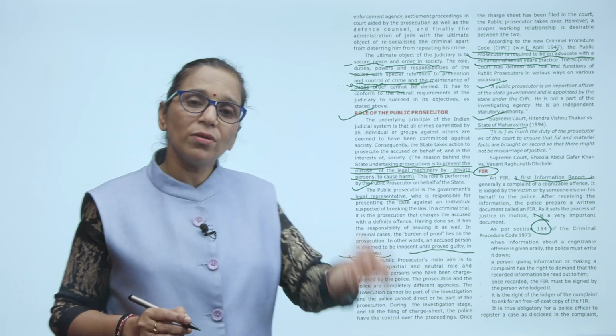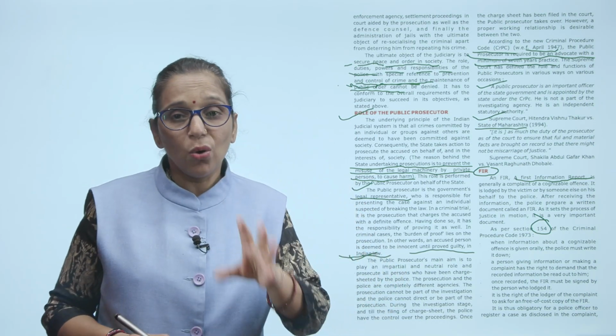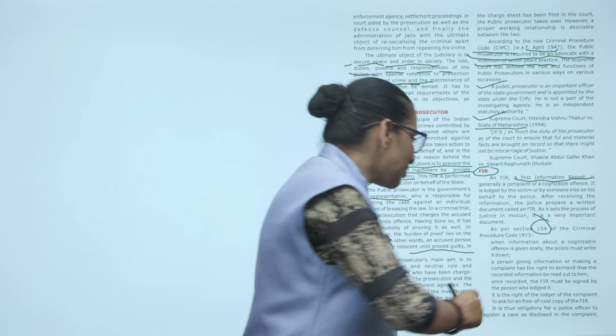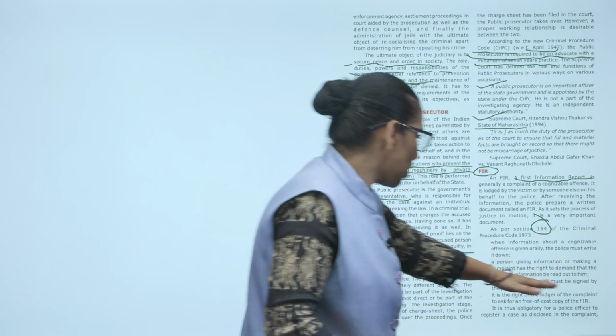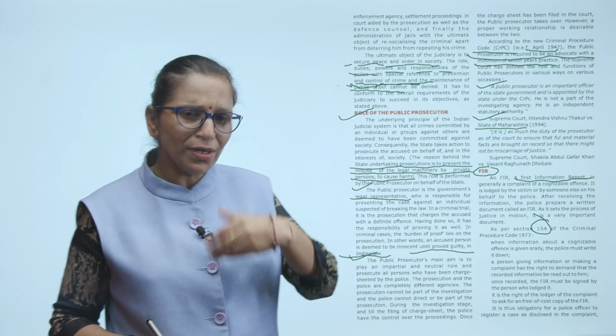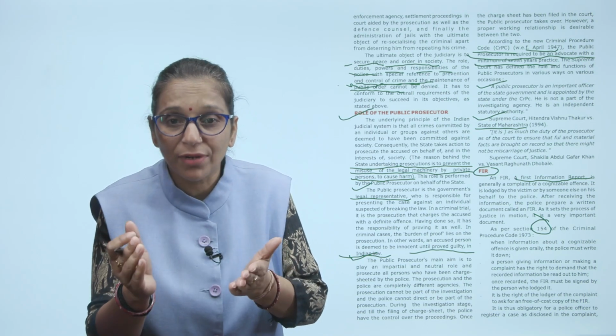If the person cannot write himself or herself, whatever he or she is dictating orally, the police have to write. Then take the signature. A person giving information, making a complaint, has the right to demand that the recorded information be read out to them. Whatever he speaks, the police have to read what they have written.